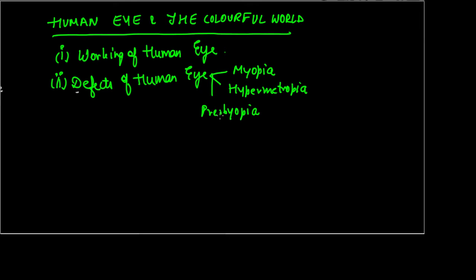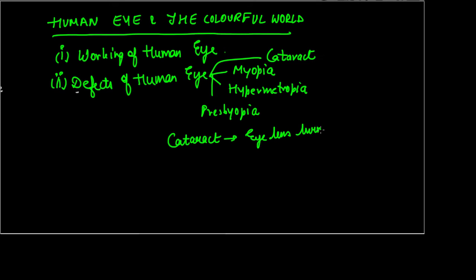There is one more defect which is just mentioned in two or three lines, and that is cataract. Now what is cataract? Cataract is basically a defect of the human eye where the lens turns milky.